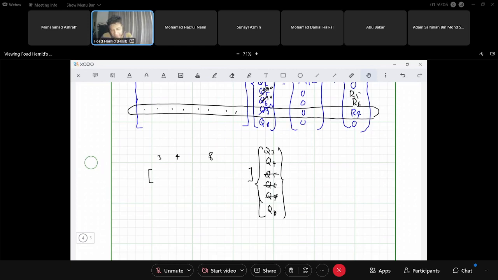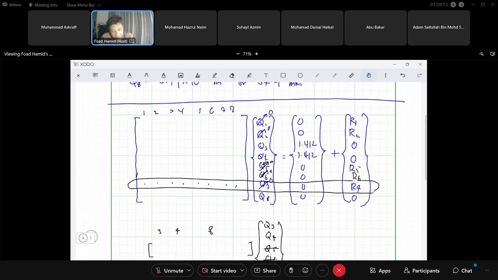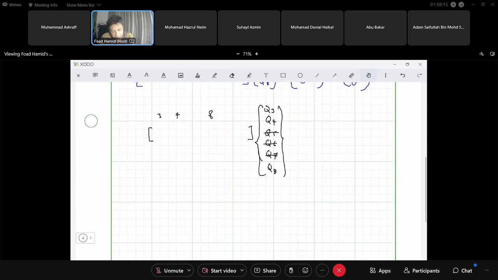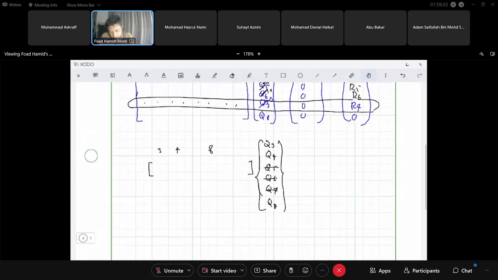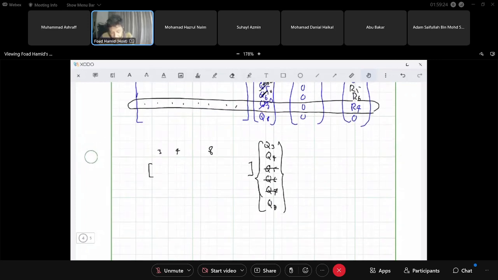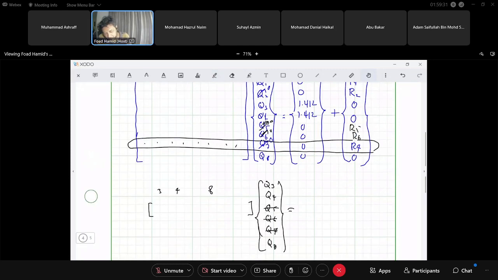Element 3 and 4, element 4 is Q3 and Q4 for R4, must equal to 0 plus R7.